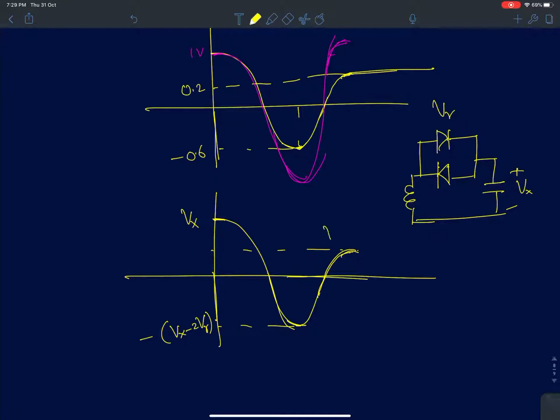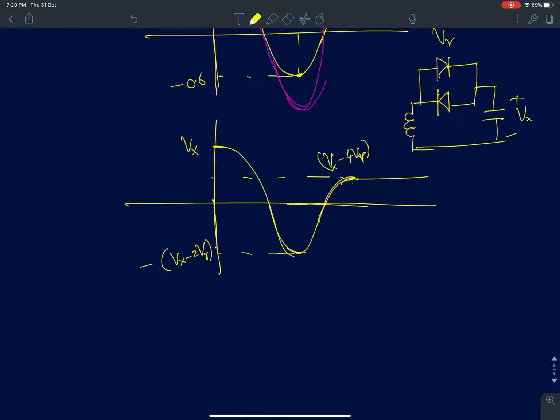It's again going to come to Vx minus 4 V gamma, and after that it depends on the value of V gamma.